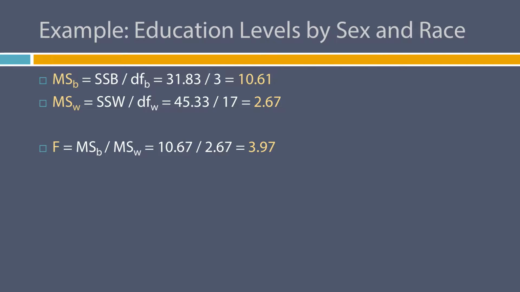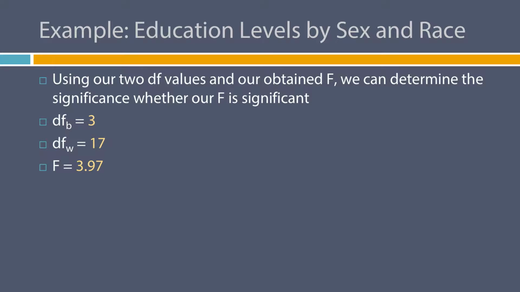So the next step is to figure out, is that a huge F ratio or a small F ratio? How do we figure that out? Well, we have to compare it to an F critical value in the back of the book, just like we did with the t-test, so we can determine the significance of our F.